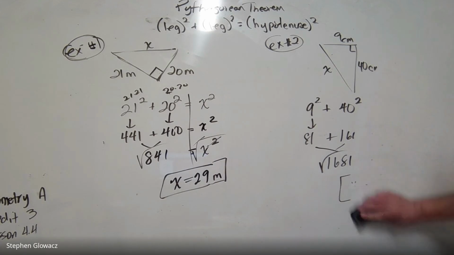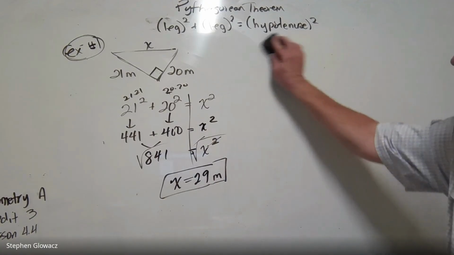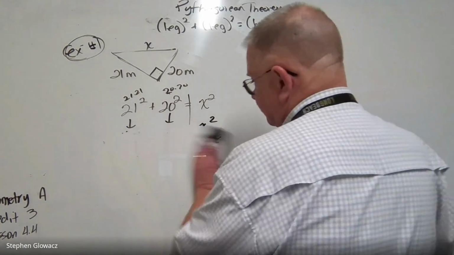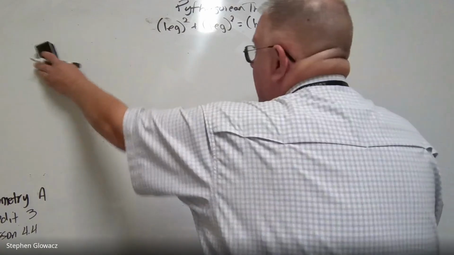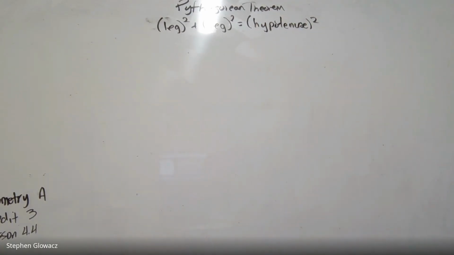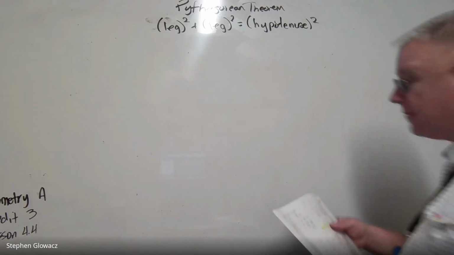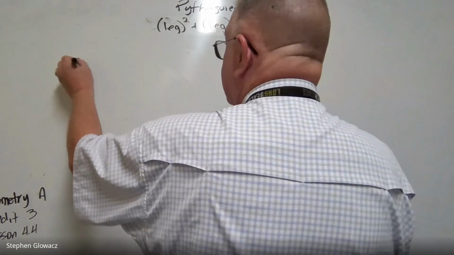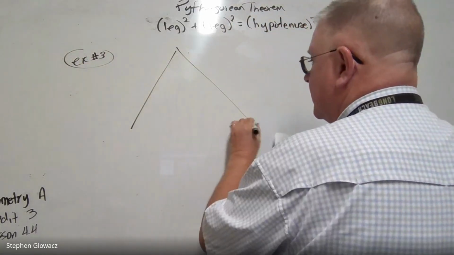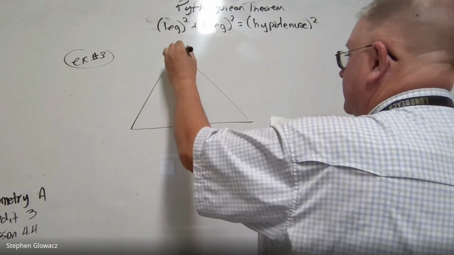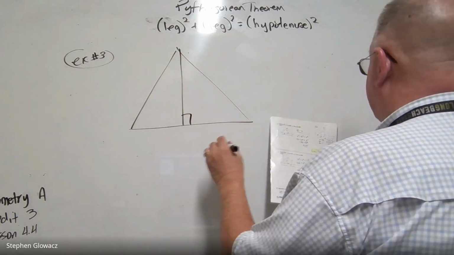All right, so now let's jump into an example for number 3. And we're still going to be using the Pythagorean theorem. However, we're going to be asked to find a little bit more information. So here's our example for number 3. And let's go ahead and set that up.